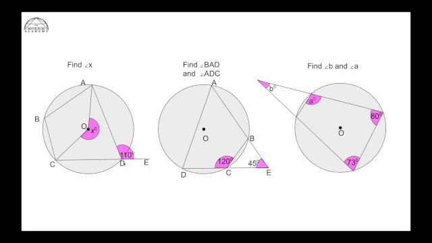If this is 110, and this here is the point D, the opposite to the point D is the point B. So this point B is going to be 110. If you notice, this point B is subtended by the arc AC. So if B is 110, then X will be twice 110, because angles at the center are twice angles at the circumference. So X will be 220.